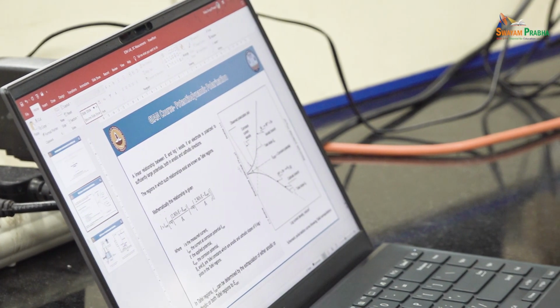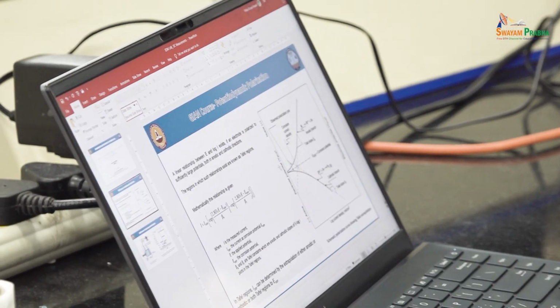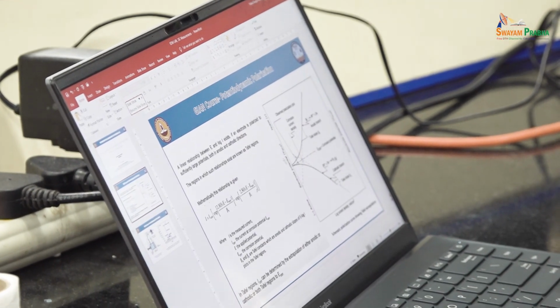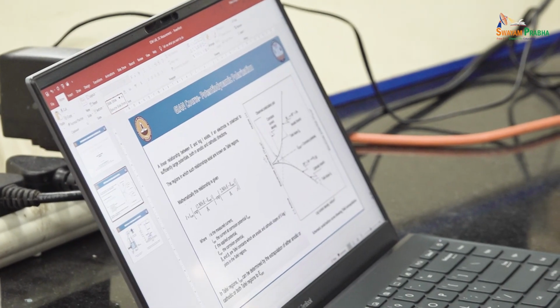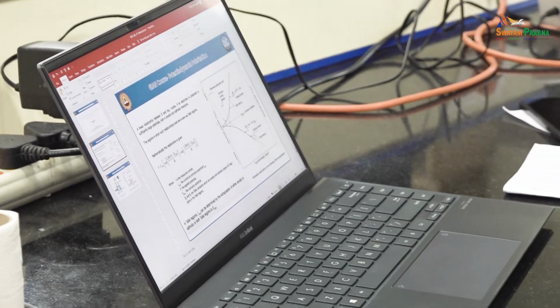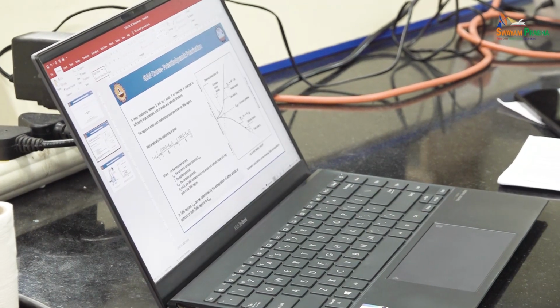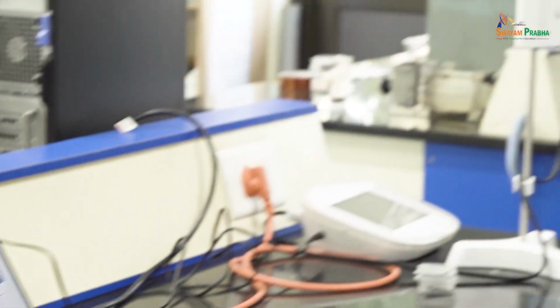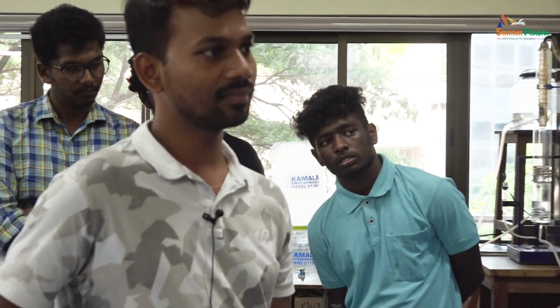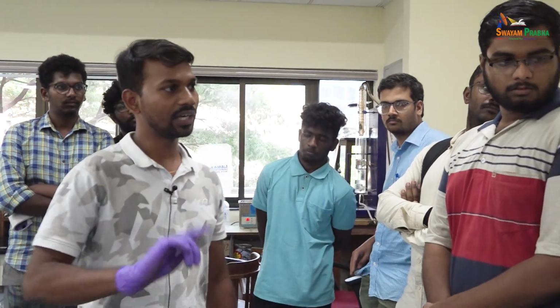That is more reliable. We are using this because we can simultaneously plot the graph and also get the I-corr. If I have done PDP, it won't be a straight line, no? It will have so many undulations.